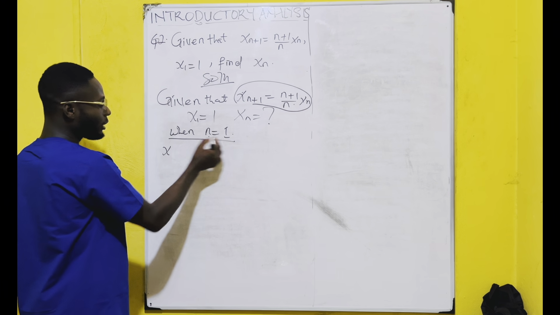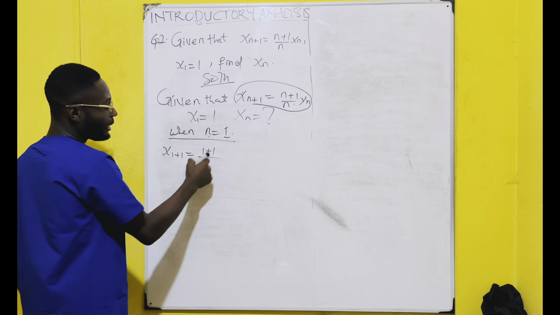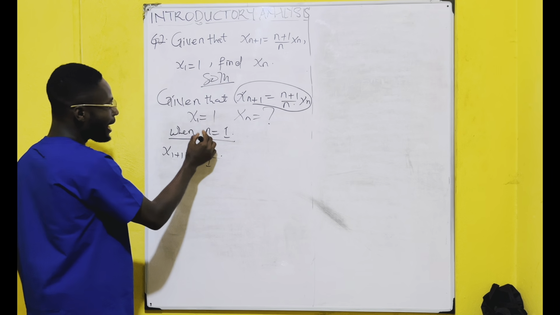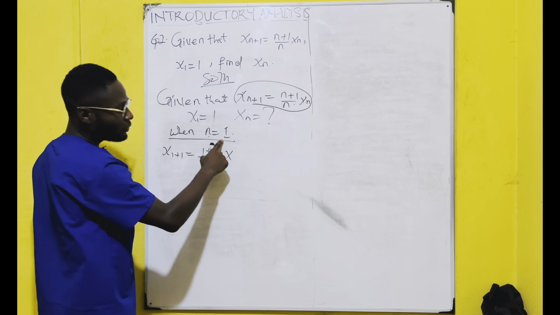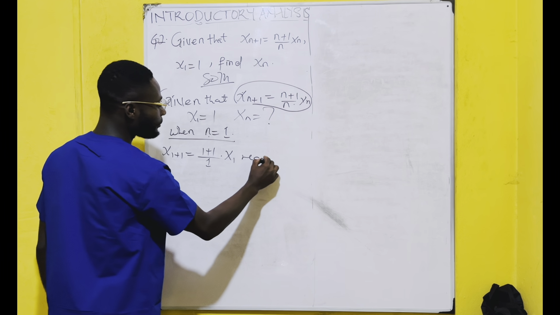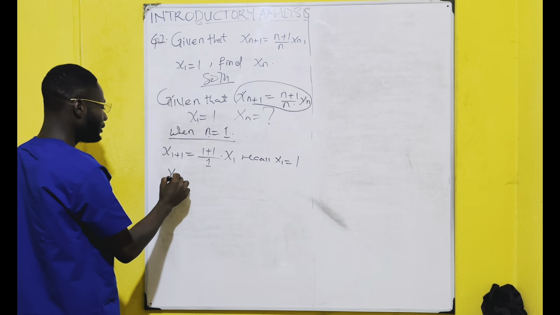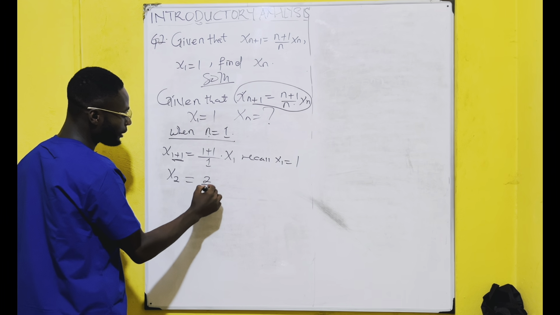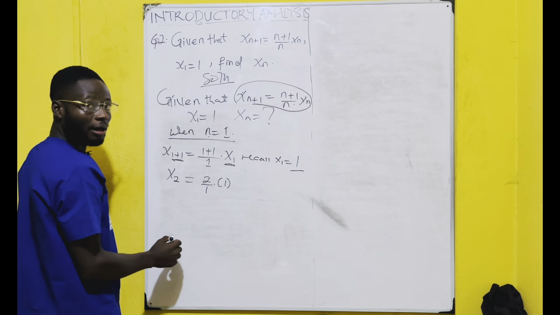Now n is 1, so we have 1 plus 1 equals (n+1), that is 2, over 1 times xn. Xn now is 1. Remember that from the question, x1 is 1, so we place it there. So now here becomes x2 equals 2 over 1 times x1, which is now 1. So we have times 1.